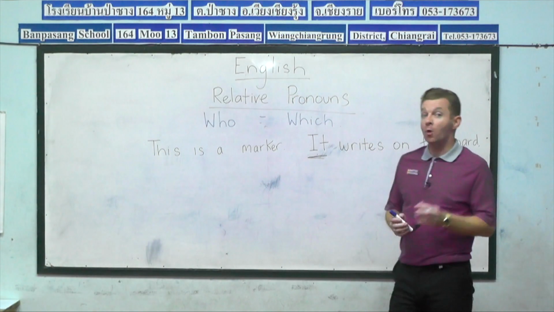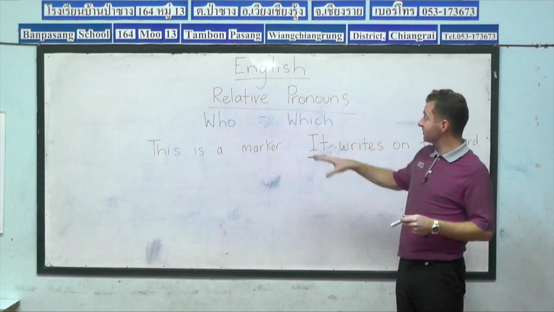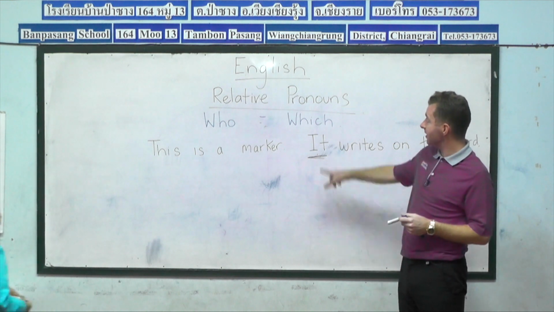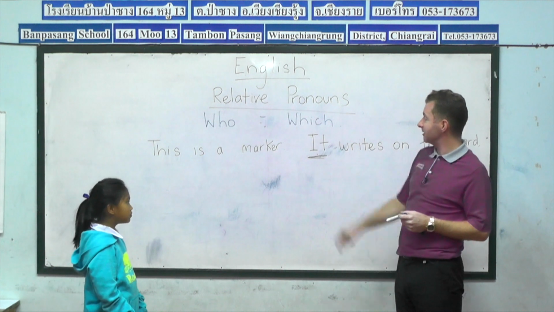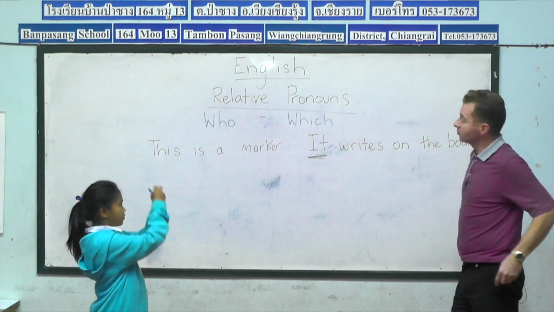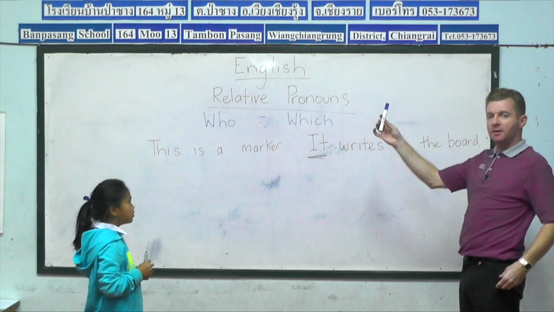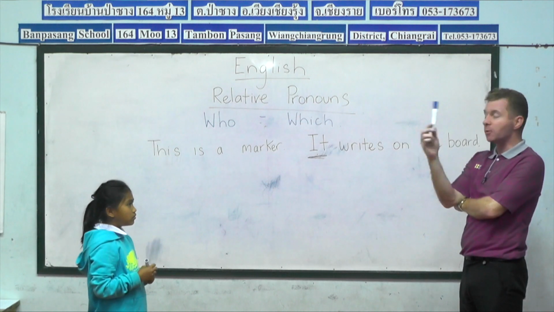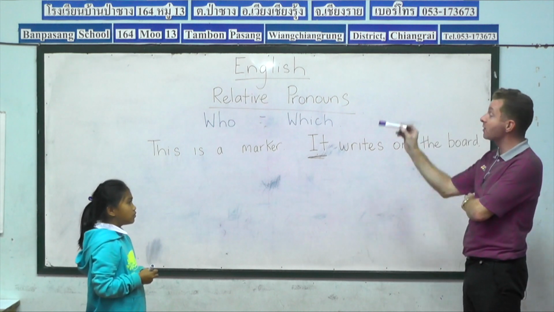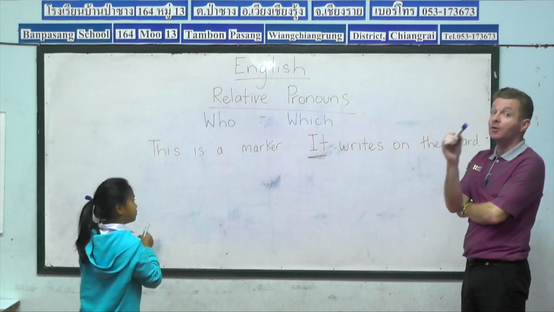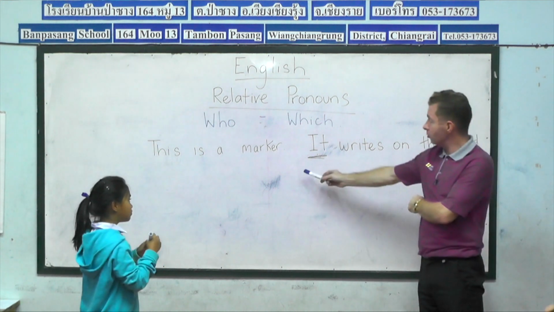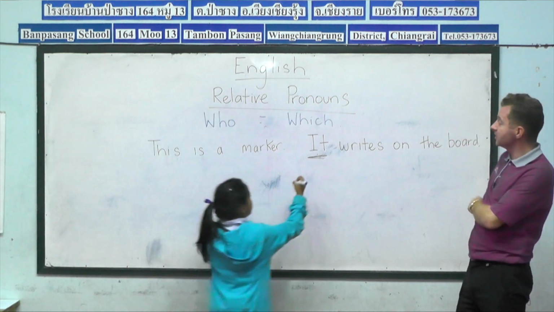So what I want Pak Bung to do is to demonstrate her understanding by writing the correct relative pronoun underneath this pronoun here. If we're talking about a marker pen, will we use the relative pronoun who or the relative pronoun which? Correct. Because it's a thing, we use which. So can you write the correct relative pronoun underneath, please?